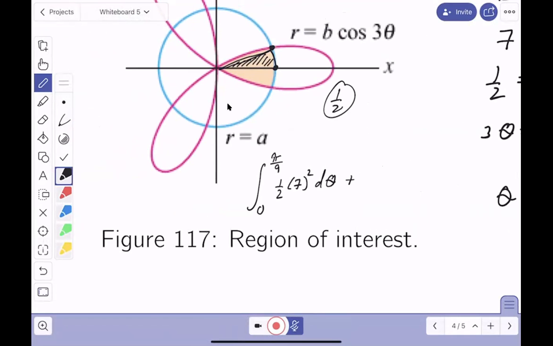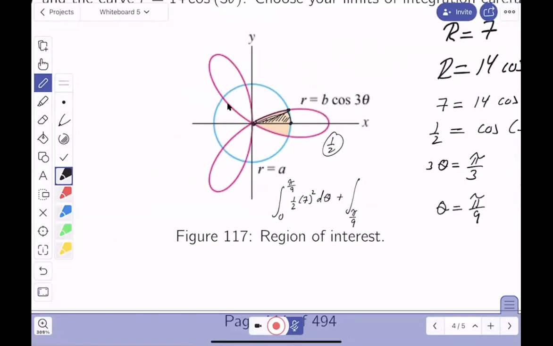Plus, now the curve changes, right? So it's going to be from pi over 9. I want to figure out when this red curve comes back and hits that. Let's see if we can do that. What would that mean?